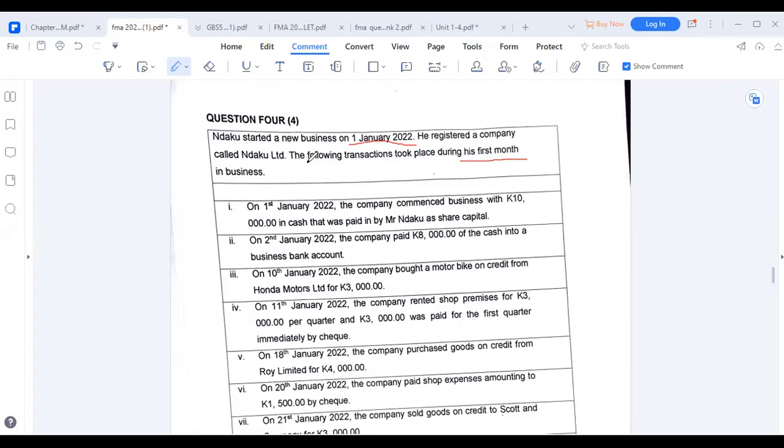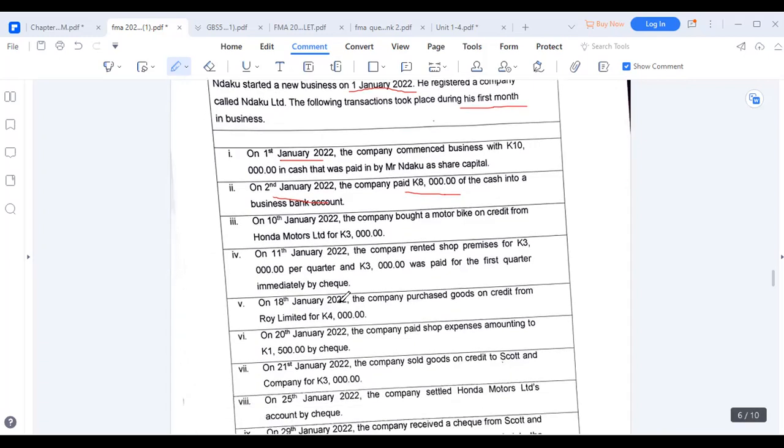On the 1st January 2022, the company commenced business with 10,000 in cash that was paid in by Ndaku as share capital. On the 2nd January 2022, the company paid 8,000 of cash into its business bank account. So those are the transactions. We look at which account was receiving and which account was giving. So that is just about what goes on.